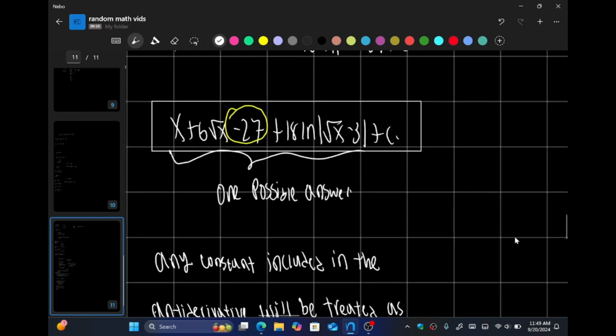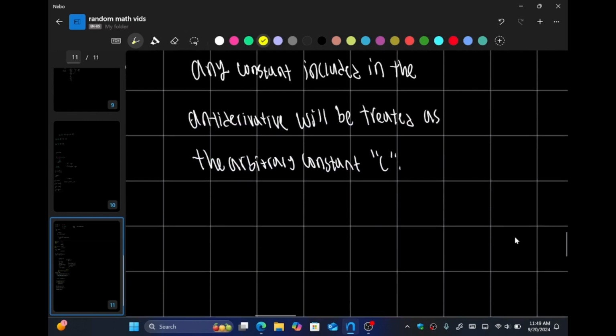So what I mean is, in this case, this is going to be the same as this. So in that case, negative 27 will be treated as an arbitrary constant.